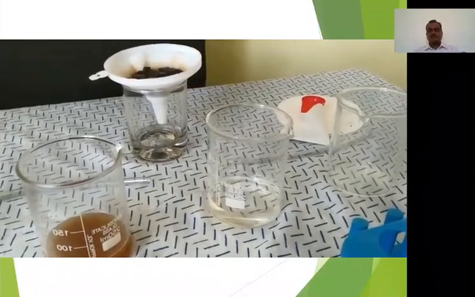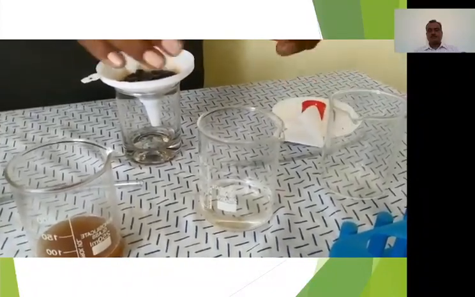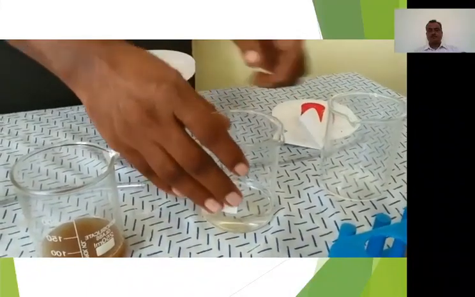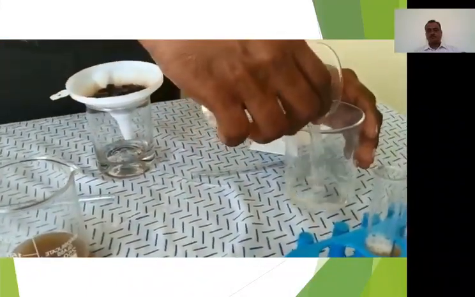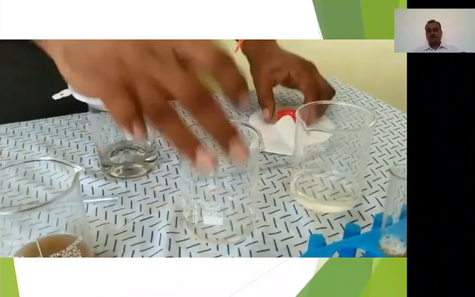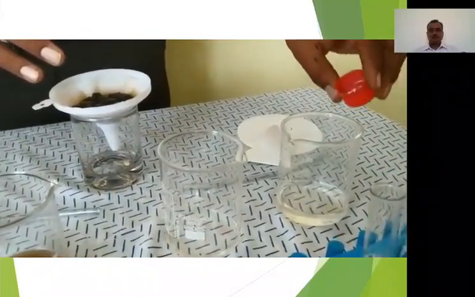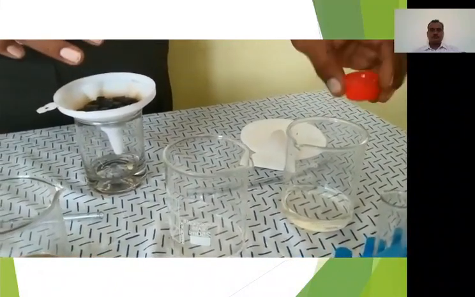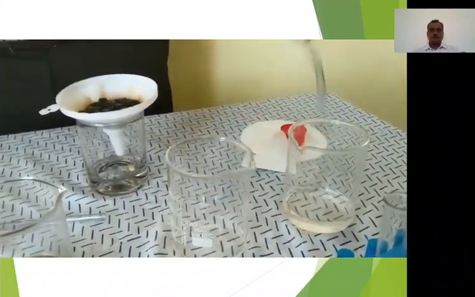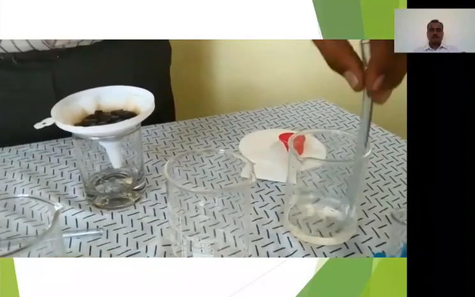Here I have used chlorine powder. And mix it till the water gets clear.